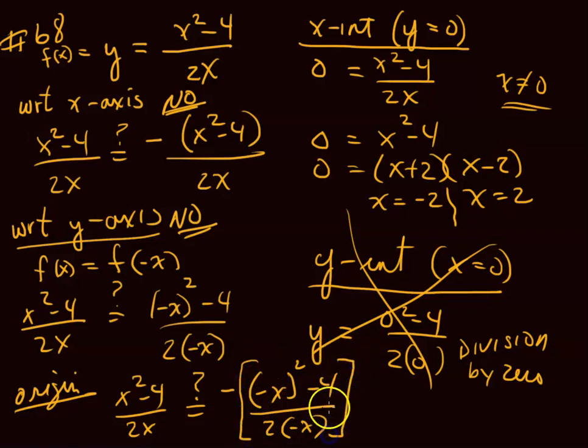Negative f of negative x. Well, I can take this negative and apply it to that denominator and leave this numerator alone. Negative x squared is x squared. And if I apply that negative down here, this is 2x. And so, yes.